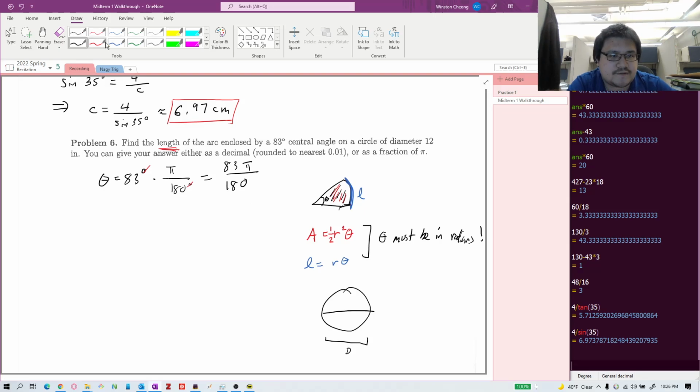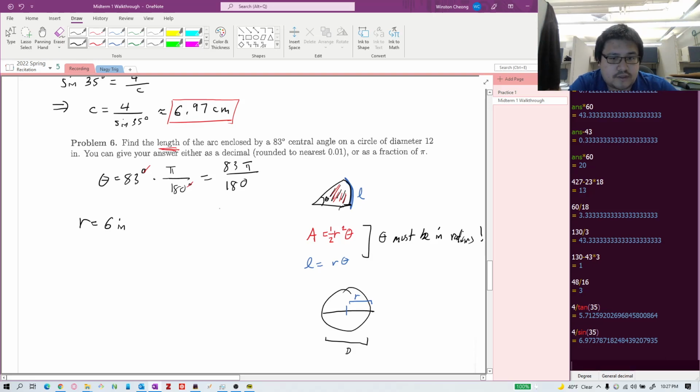The radius is half of the diameter, so this part would be the radius. To get the radius, we have to divide by 2. So the radius is just going to be 6, and this is in inches.